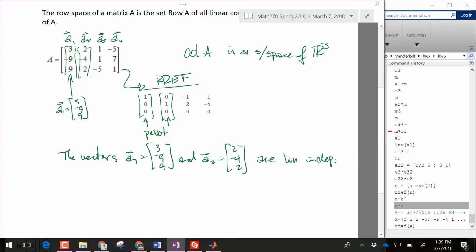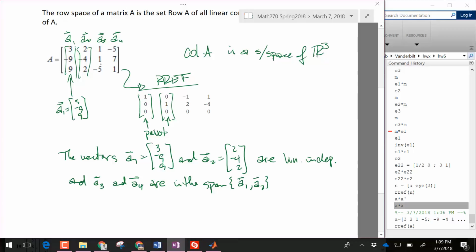And then the other 2 vectors are dependent on those 2. Another way to say that is that they are in the span, span braces A1, A2.